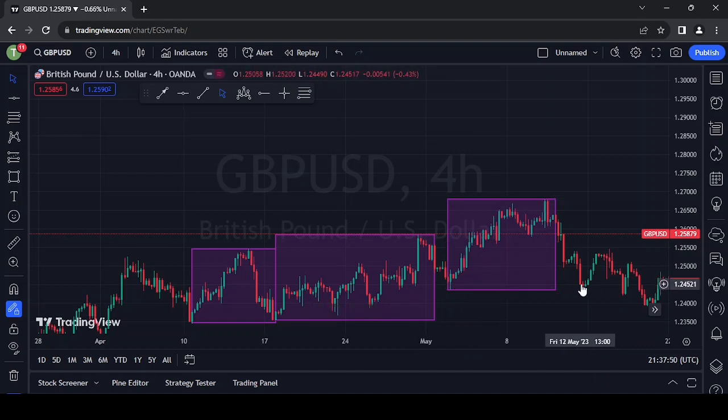Now see this, the body of the candle here is below the body of these two candles, so it has already been taken out with this candle. So this only went back for a correction, and this is a liquidity grab. This particular candle took out some others.